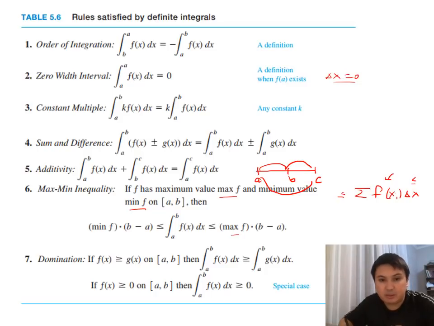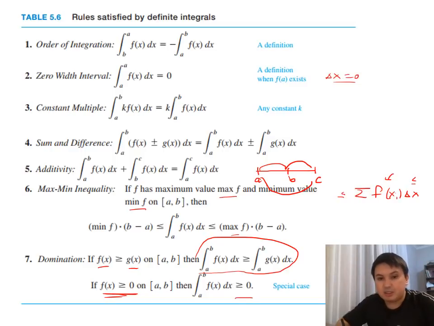Domination. If one function is greater than or equal to another function, then the same inequality is respected when you integrate. So when you integrate, the inequality is not going to change. A particular case is when you let g equal 0, meaning if your function is non-negative, then the integral will also be non-negative.